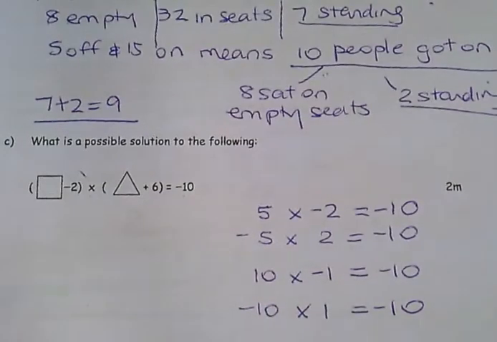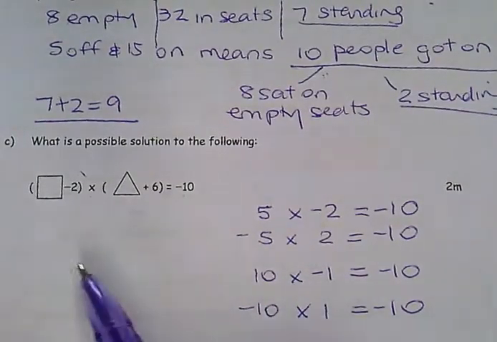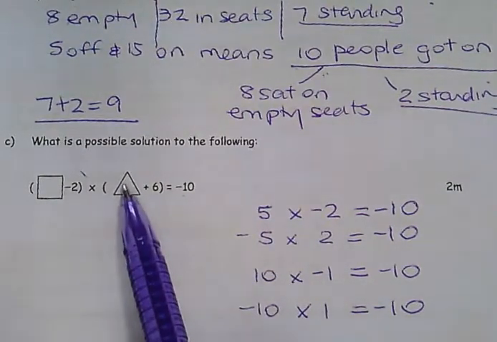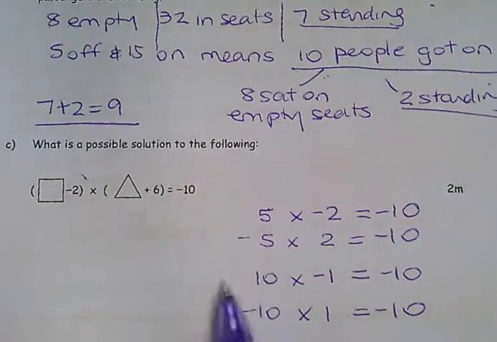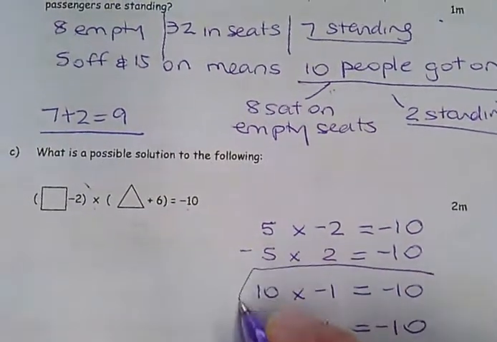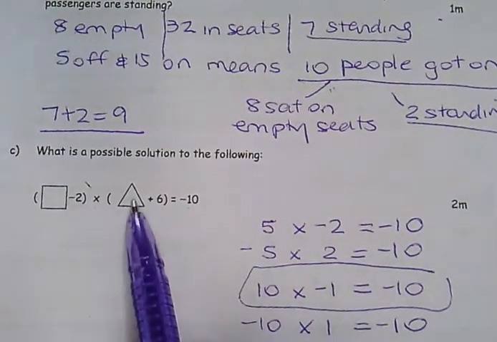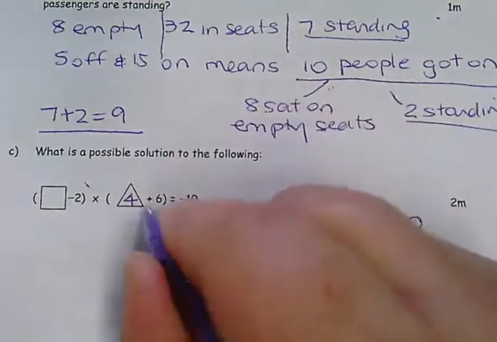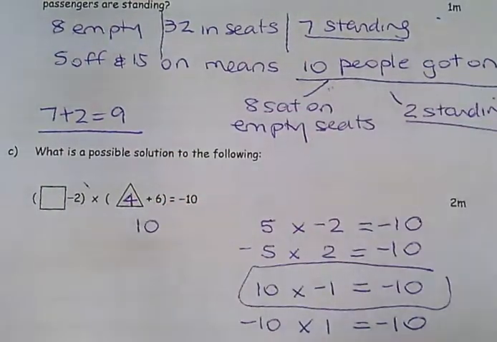So what we need to do is see if we can put a number in the triangle and a number in the box to make one of these combinations. So I'm going to go with the 10 times negative 1. So I'd like to make this one 10. If I want to make this 10, I would have a 4 there. 4 plus 6 is 10.